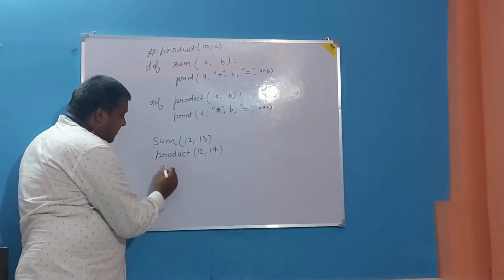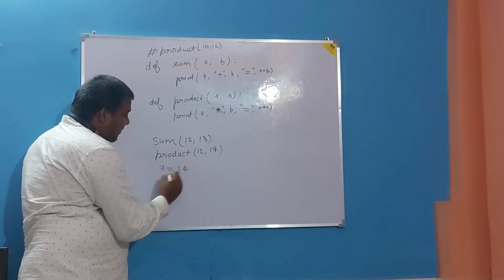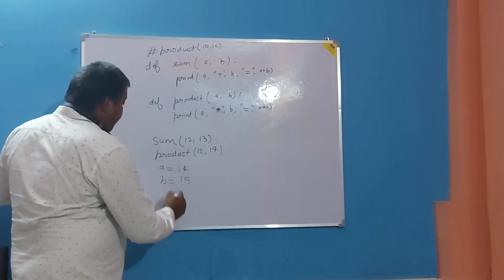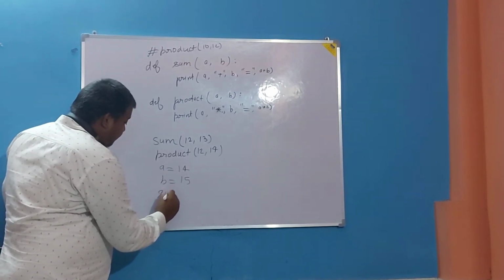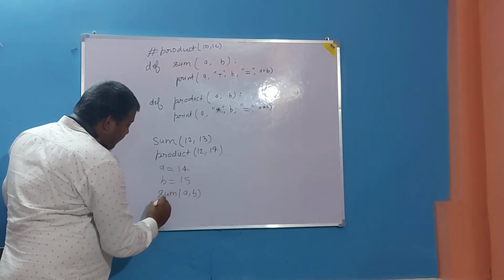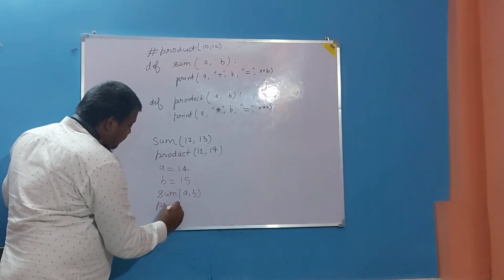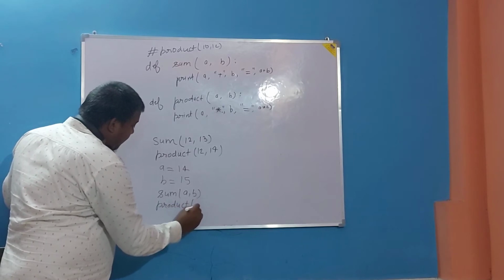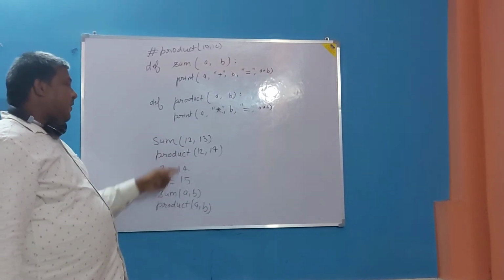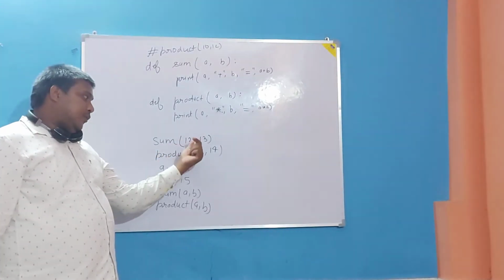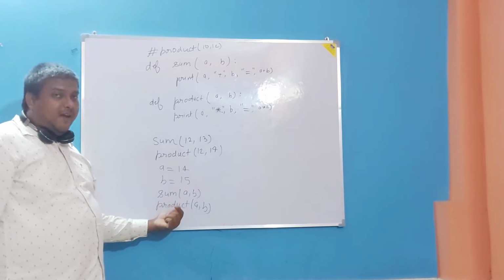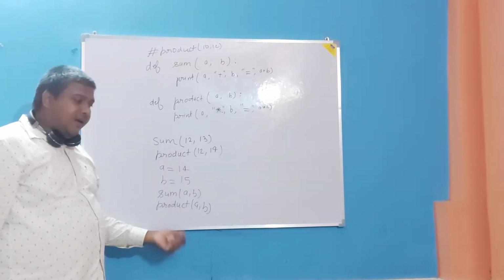I will write a = 14 and b = 15, and then sum(a, b) and product(a, b). These are both ways. You can call the functions through direct values, or you can call them through variables. Clear?